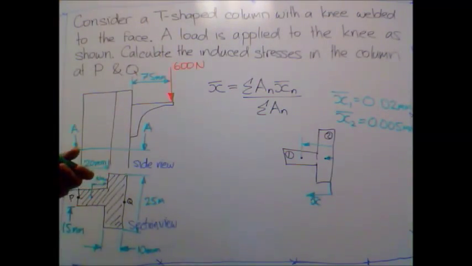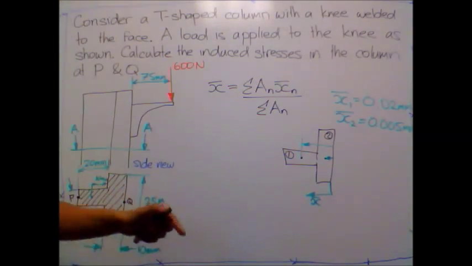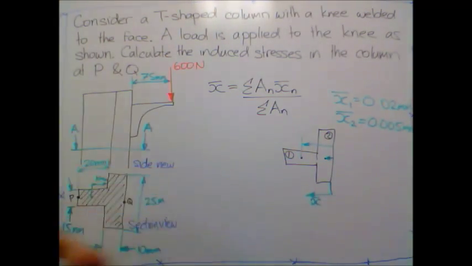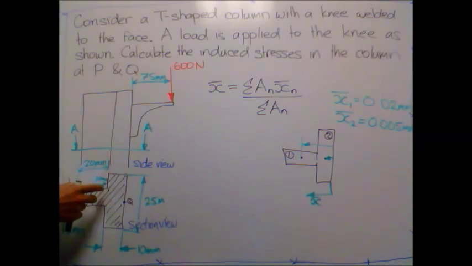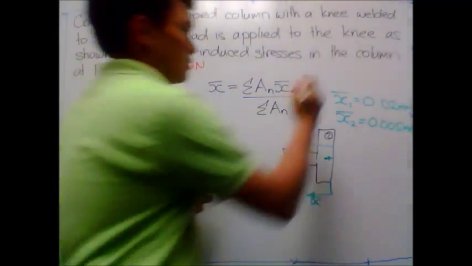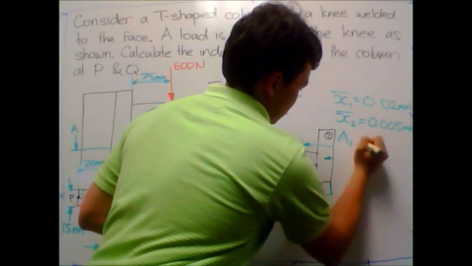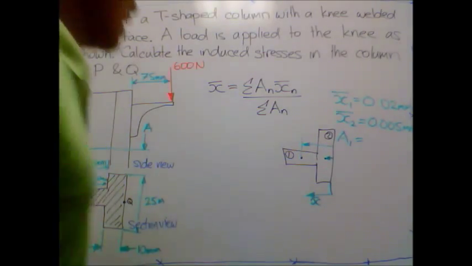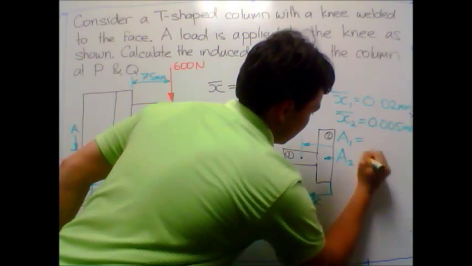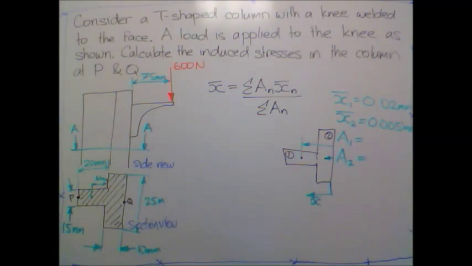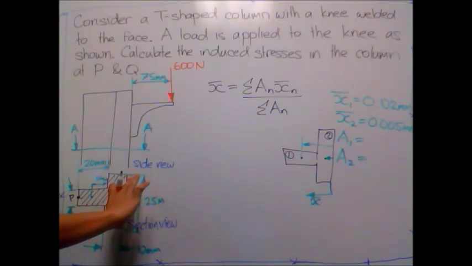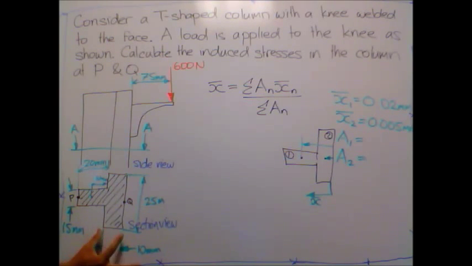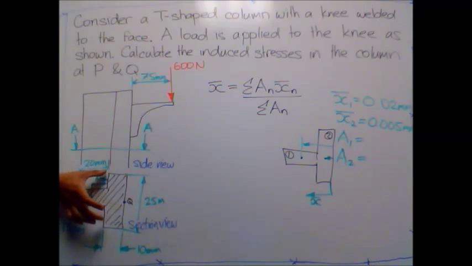I can determine the area for each of my shapes. The area of the first shape is just 15 millimeters times 20 millimeters. And my area for my second shape, A2, will be 10 millimeters times 25 millimeters.